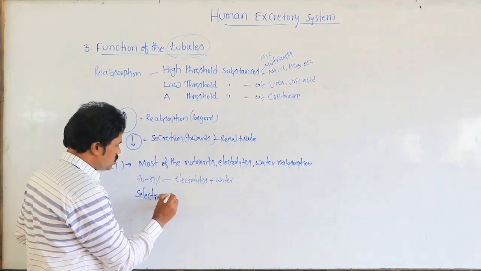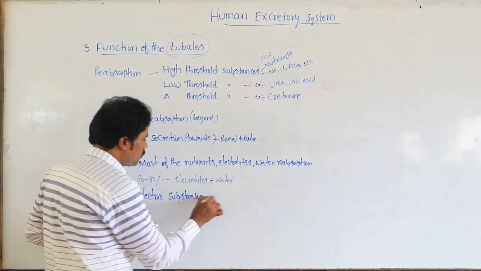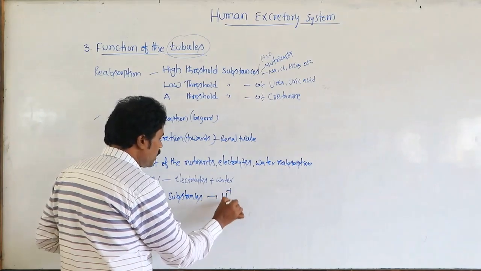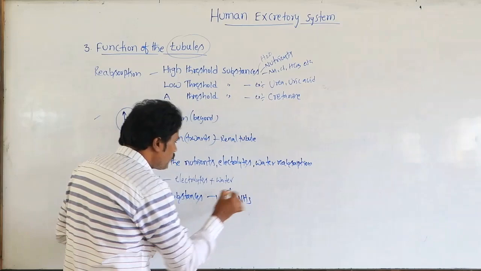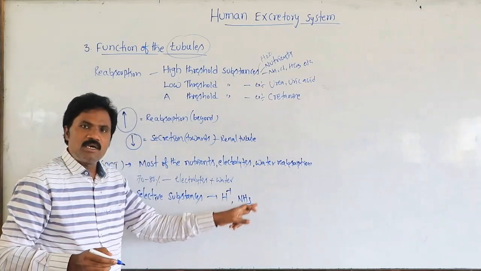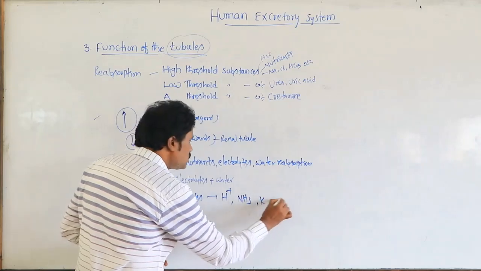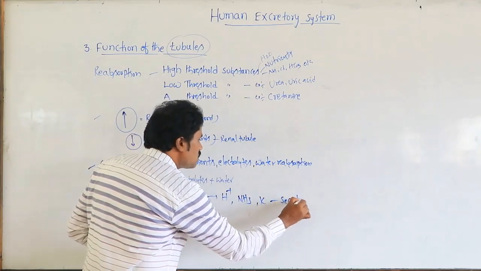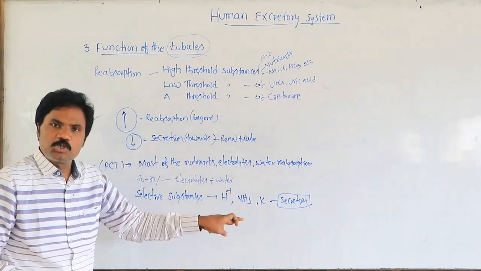The selective substances like hydrogen H plus, ammonia, and some amount of potassium are secreted from this proximal convoluted tubule.